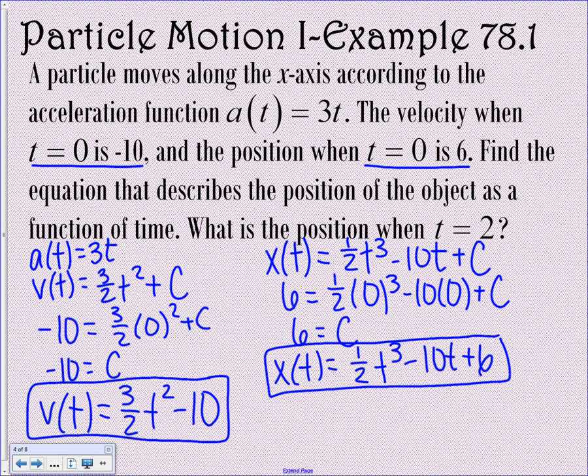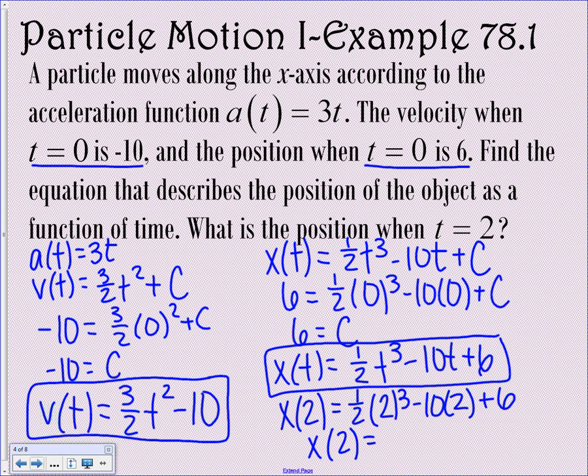So there it is. And then it asks, what is the position when t equals 2? Well, to find that, you're going to do x of 2. So that's going to be 1/2 t cubed minus 10t plus 6. And so if you plug that in, you're going to end up getting a -10. And so that's your position when your time is equal to 2.